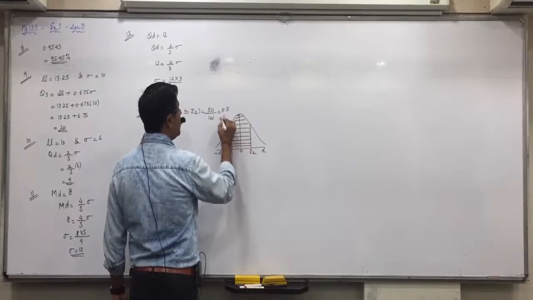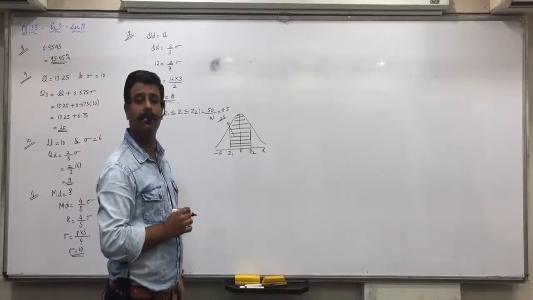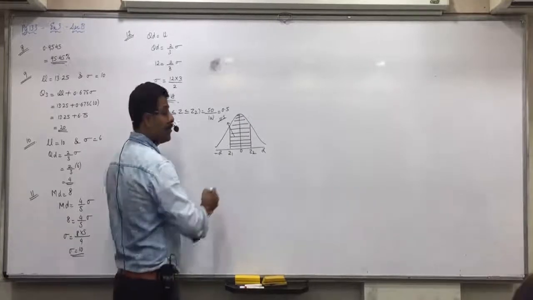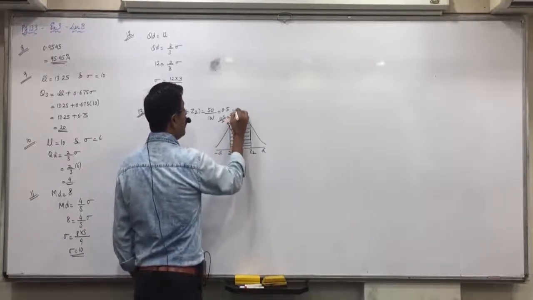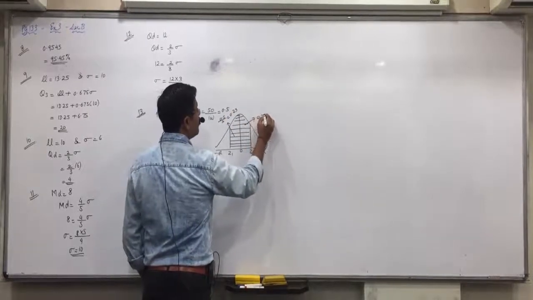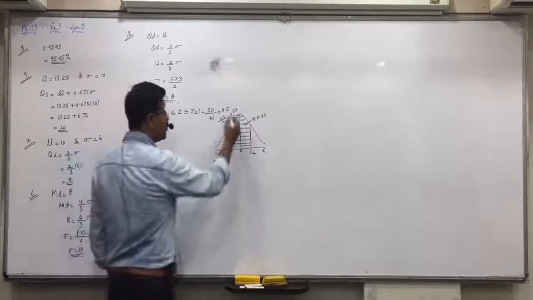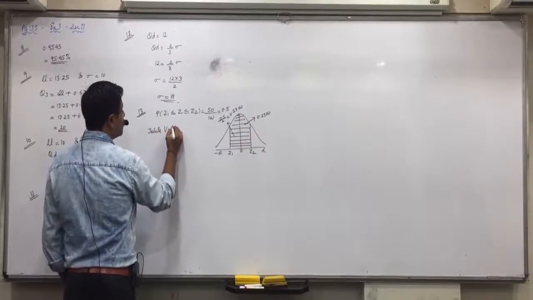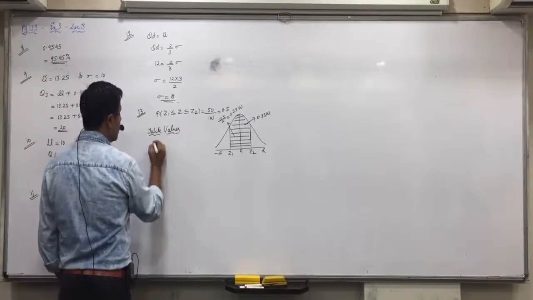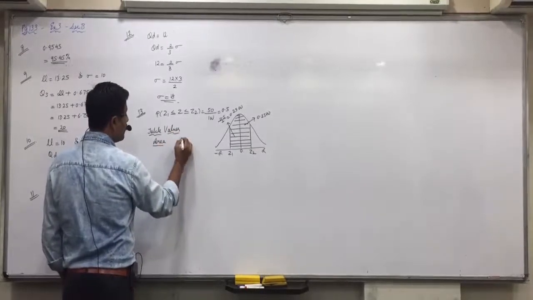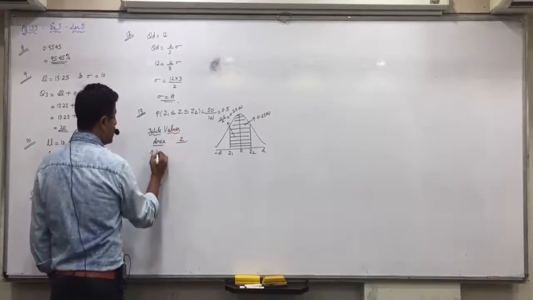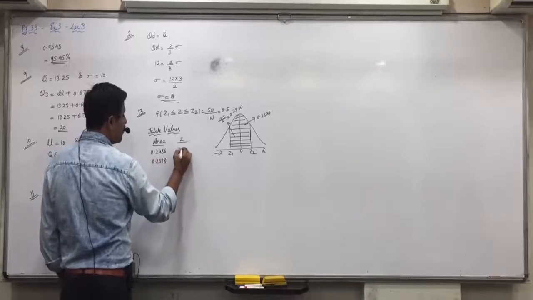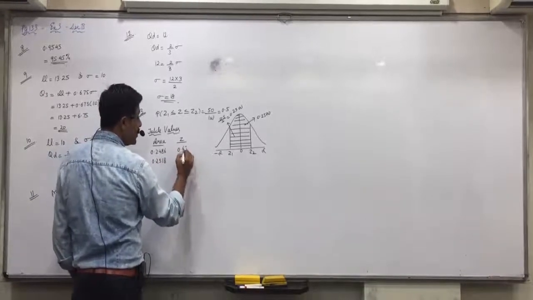Means each area will be 0.5 divided by 2, 0.25. 0.25 means 2500. Table values, area and Z. 2500 comes between 2486 and 2518, that is 0.67 and 0.68.